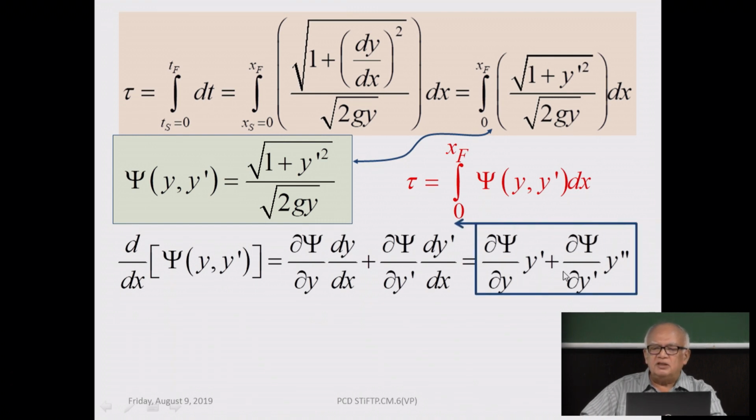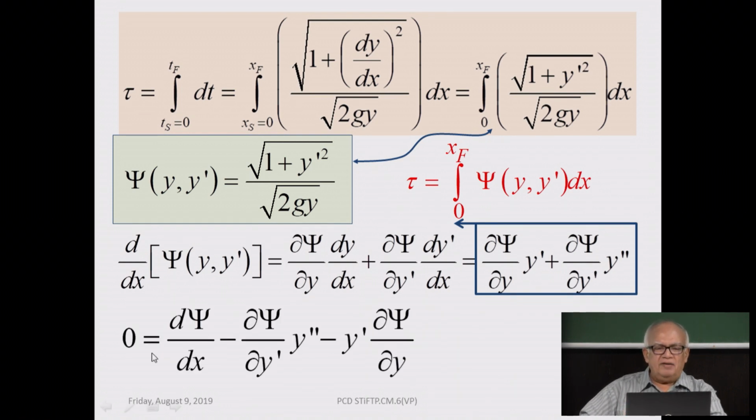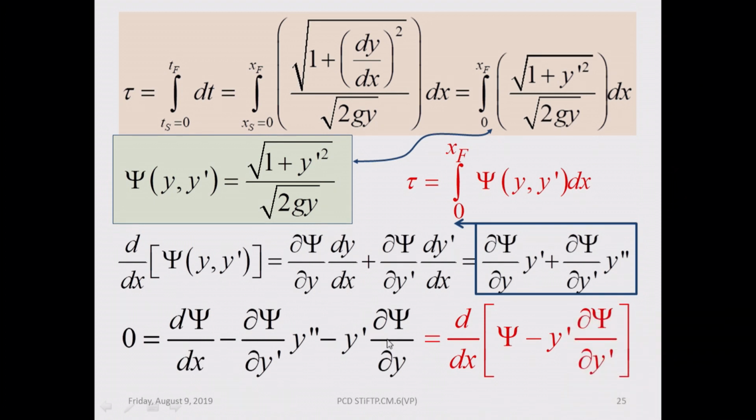So these two terms we now move to the left. So you have got this quantity minus this, which should go to 0. Okay, so you have 0 equal to d psi by dx minus del psi by del y prime times y double prime, which is this term, and minus y prime del psi by del y, which is this term. Okay, so we have got it straight out of this simple relationship. And these three terms you can write easily as the derivative of what is in this box.